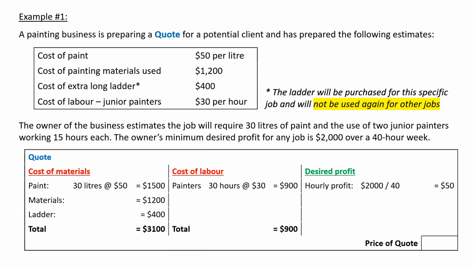So there's 40 hours in a week, so that works out at $50 per hour of profit. We think we're going to spend 30 hours total on this job, and that's going to be at $50 per hour, so that's a profit of $1,500. So we need to add that on the top. So our total price of the quote will be the cost of materials, the cost of labor, and the desired profit, which in this case will add to $5,500.